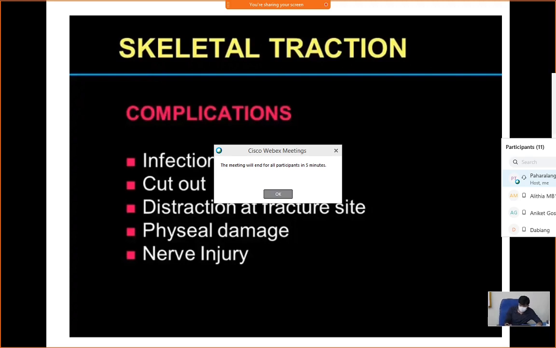Physeal damage: if you put the pin through the physis in children, there will be physeal damage and growth abnormalities in that bone. Nerve injury as well as muscular injury can occur while inserting the pin. So there are specific places and specific precautions you have to take to avoid physeal damage, nerve injury and vascular injury. You have to know which nerves and vessels are where, to avoid that injury while putting the pin.